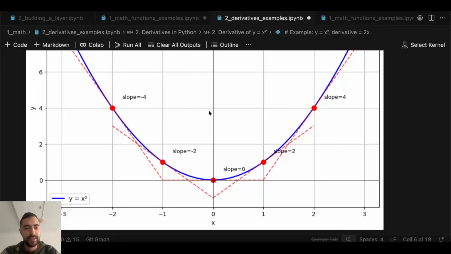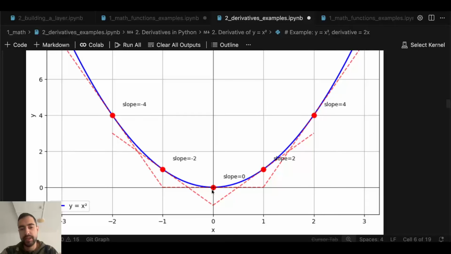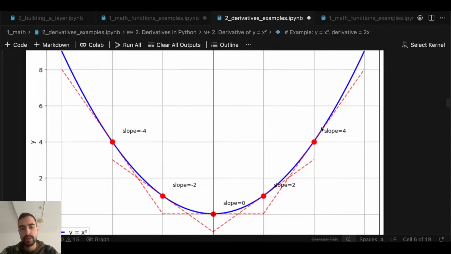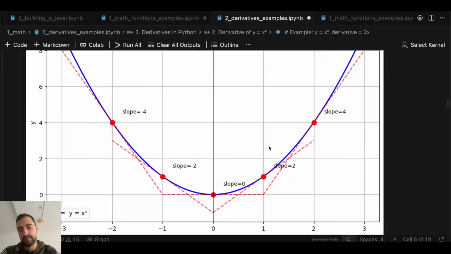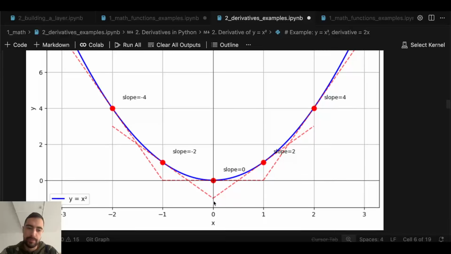So we have this quadratic function, and I want to show you that at each of these points, whichever points we pick, 0, 1, 2, on the x-axis, each point has its slope. Because it's a quadratic function, we can see that there is no slope at 0. At x equals 0 there is no slope, because y is 0, x is 0 here.